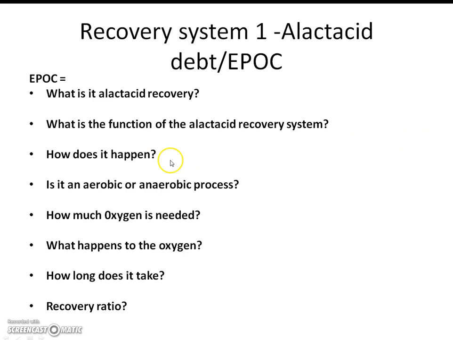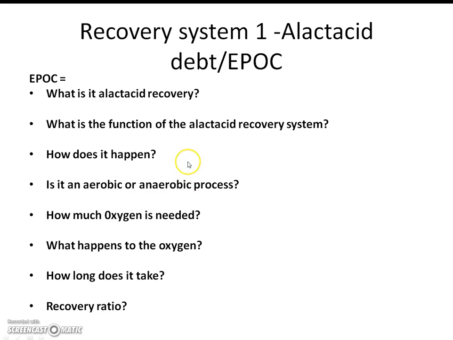So how does it happen? In order to get this ATP and PC back, ATP is broken down and then PC is broken down and resynthesizes ATP, as we looked at before.